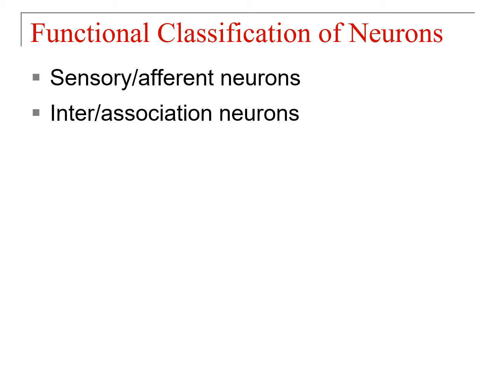So basically, sensory or afferent neurons pick up stimuli and bring them into the inter or association neurons. These are the neurons that usually identify the stimulus and make some sort of decision about it, and then they send directions to the motor or efferent neurons.